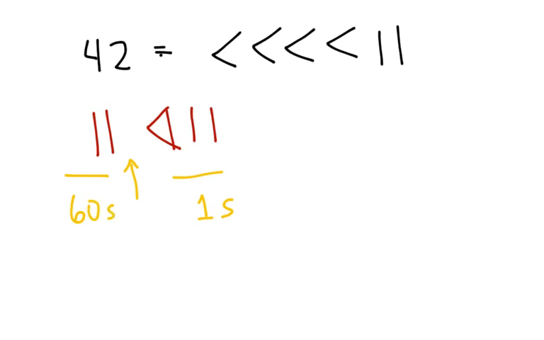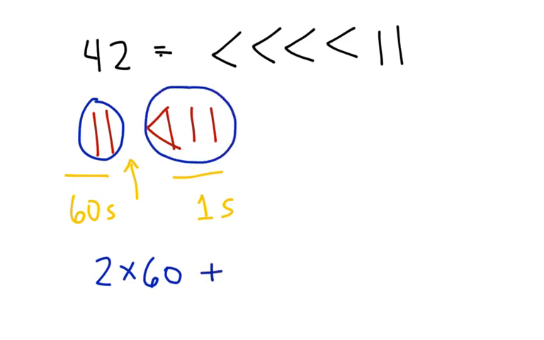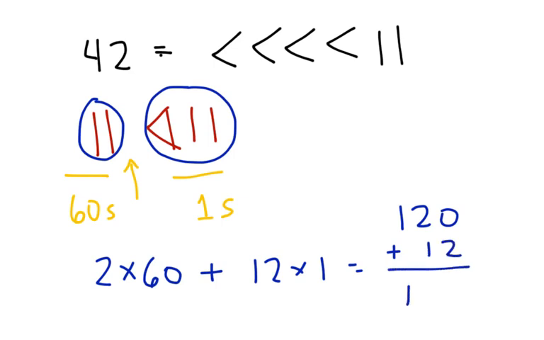So the number that we've just been given has 2 60s and 12 1s. And so that's 120 plus 12. So the number we were just given corresponds to 132.